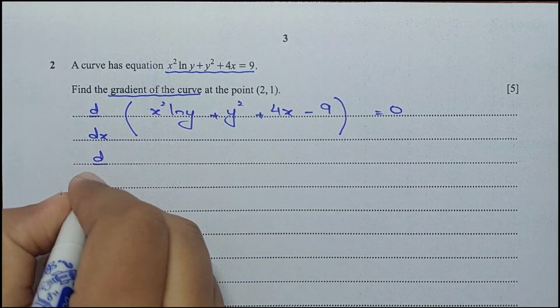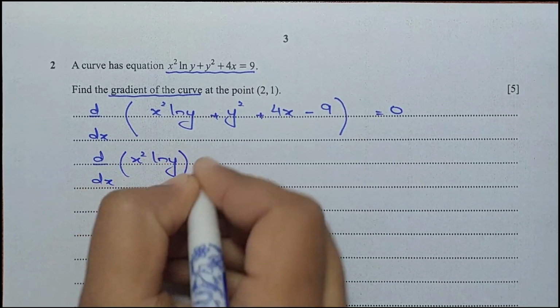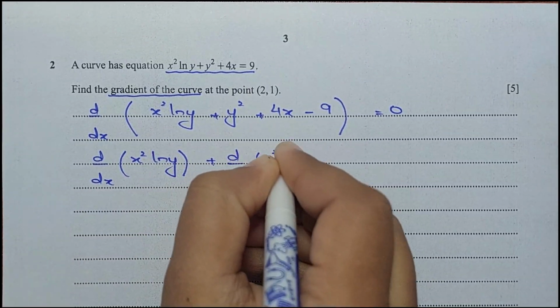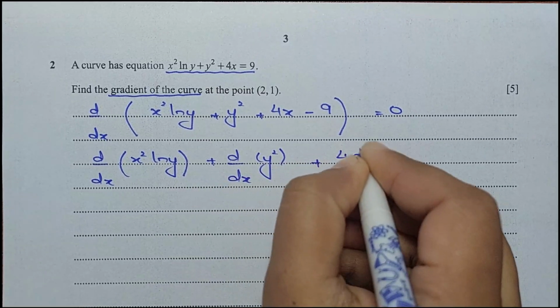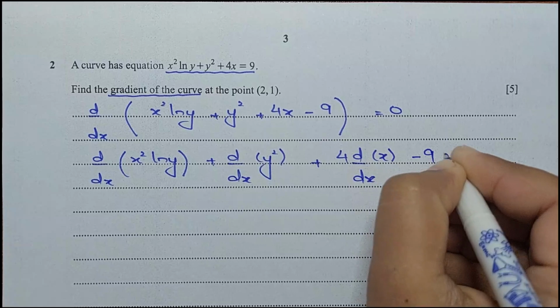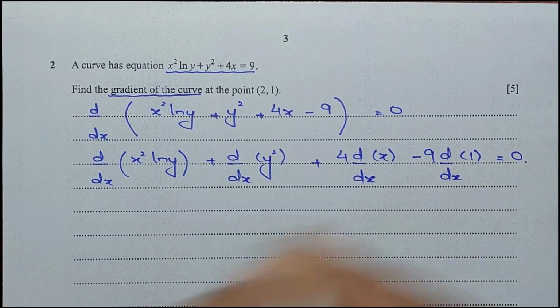Now, when you do the derivative of x square ln y, applying the product rule, d by dx of y square plus 4 is outside, d by dx of x minus 9 is outside, d by dx of 1 equals 0, right?